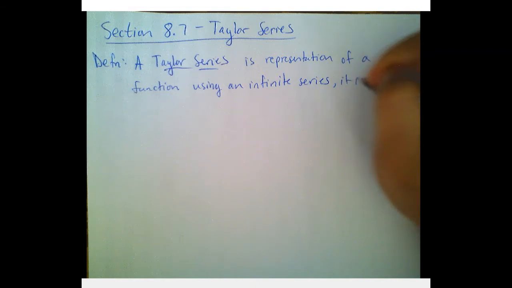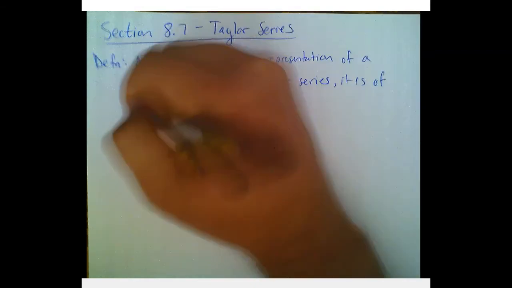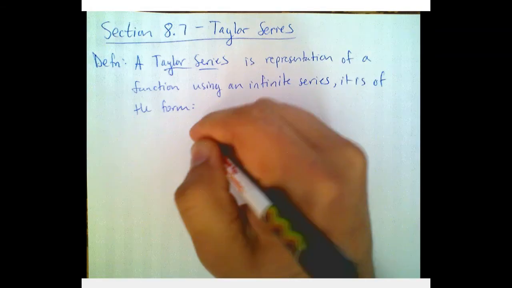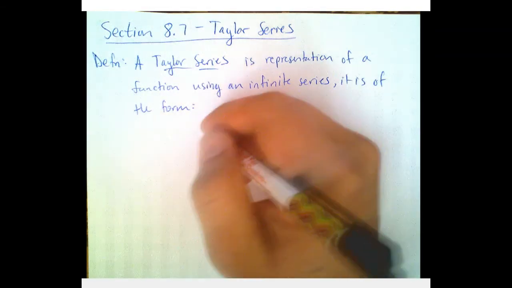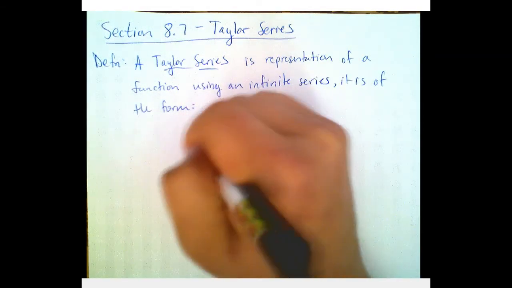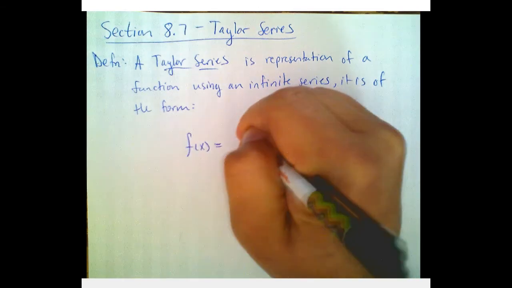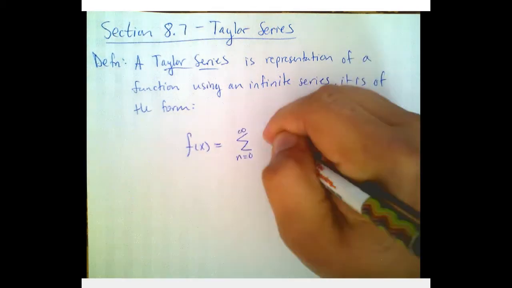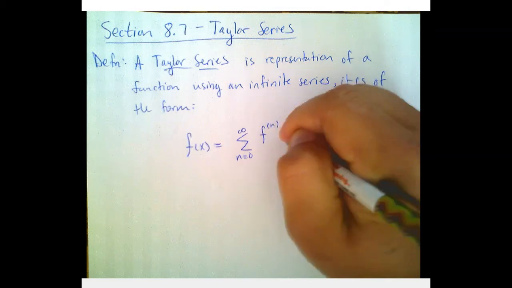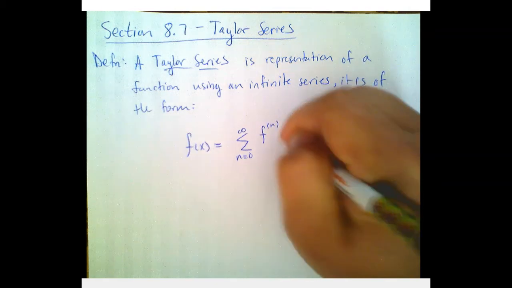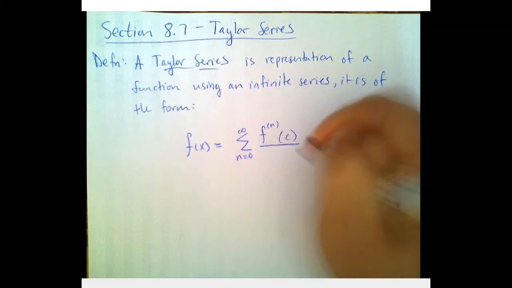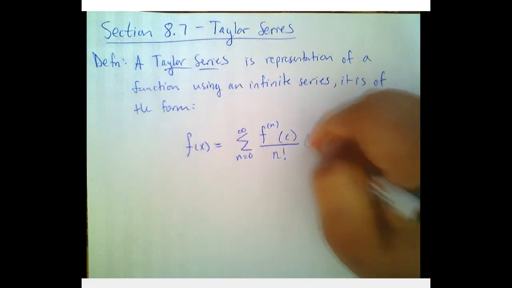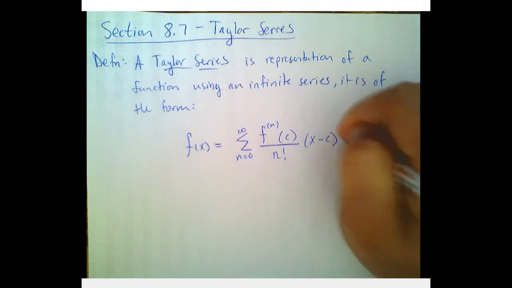It is of the form f of x equals sigma n goes from 0 to infinity of the nth derivative at some value c over n factorial times x minus c to the n.